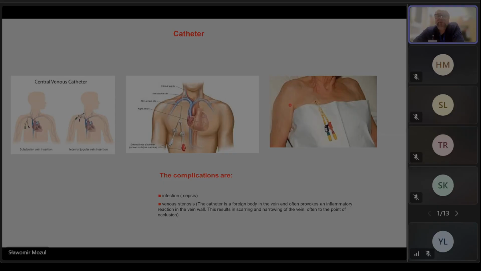Catheters are usually found in two general varieties: tunneled and not tunneled. Not tunneled catheter access is for short-term access, for example, about 10 days, sometimes 30 days, but very often just for one dialysis session.